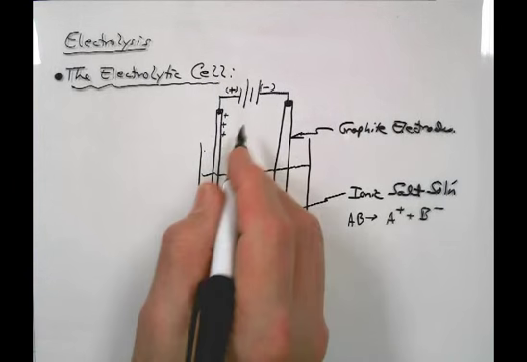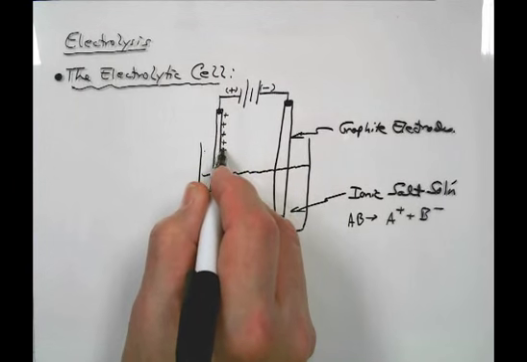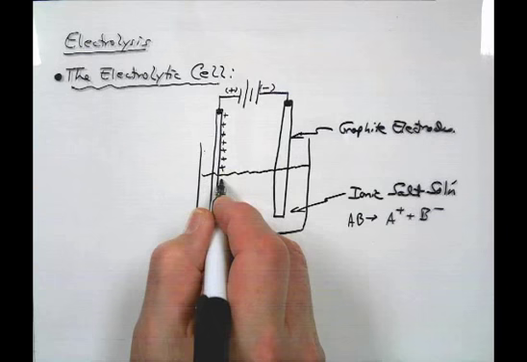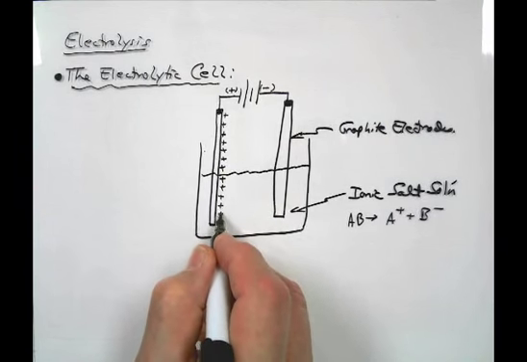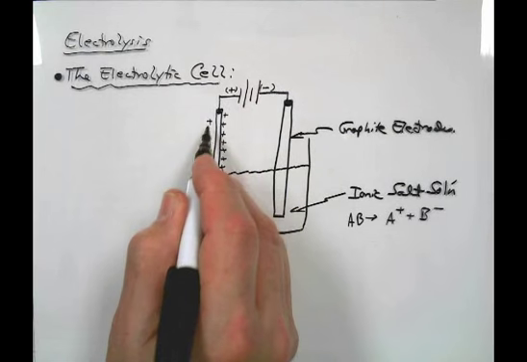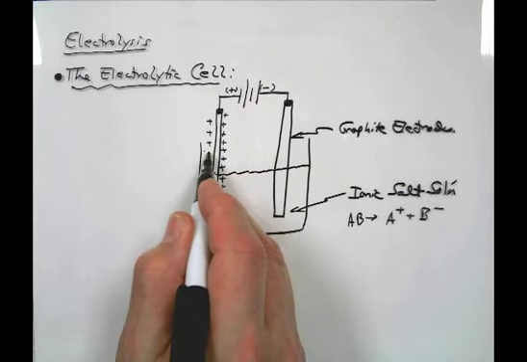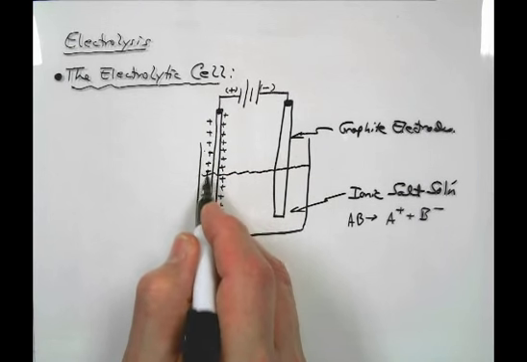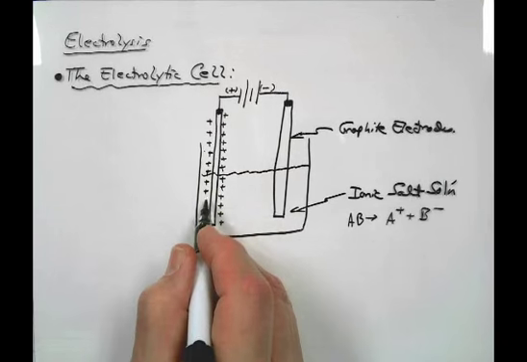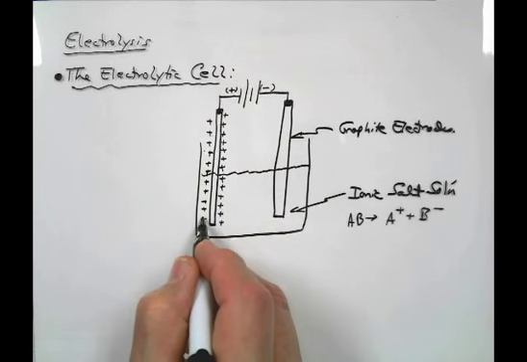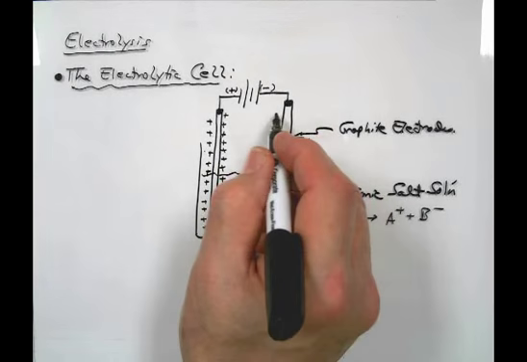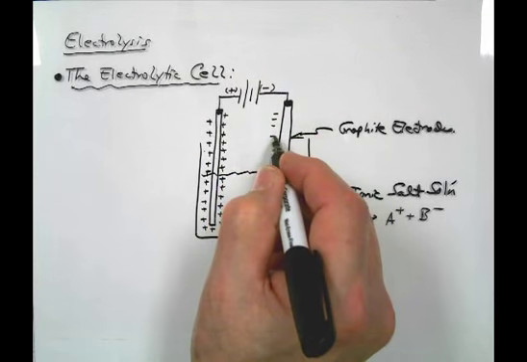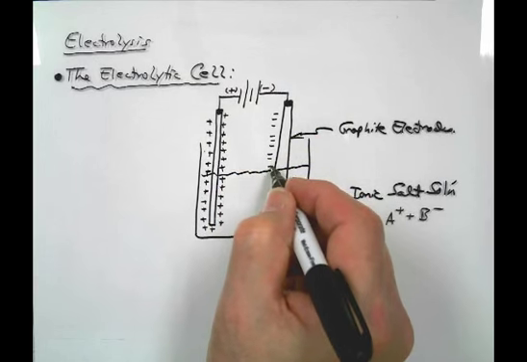Okay. So what happens is the charge on this electrode becomes positive, the entire electrode. And over here we have this electrode certainly being negative.